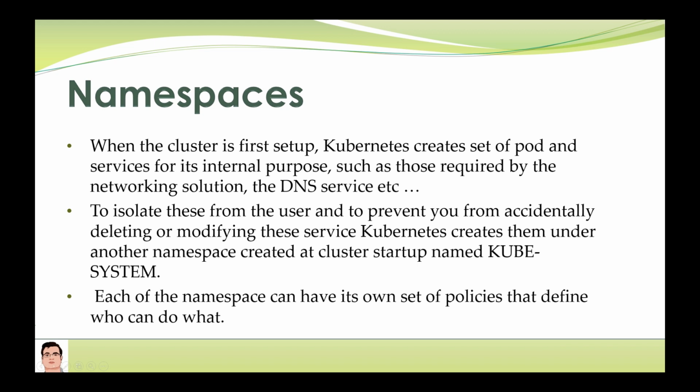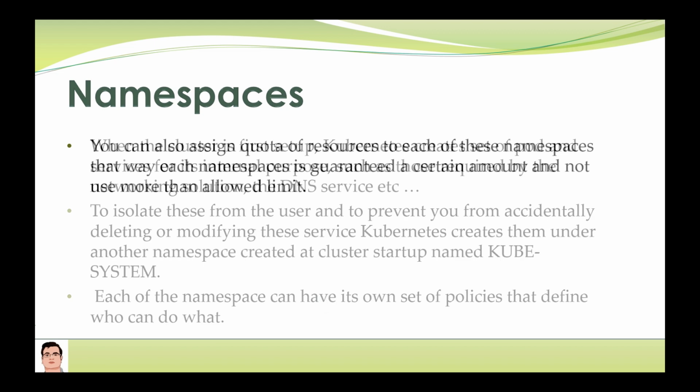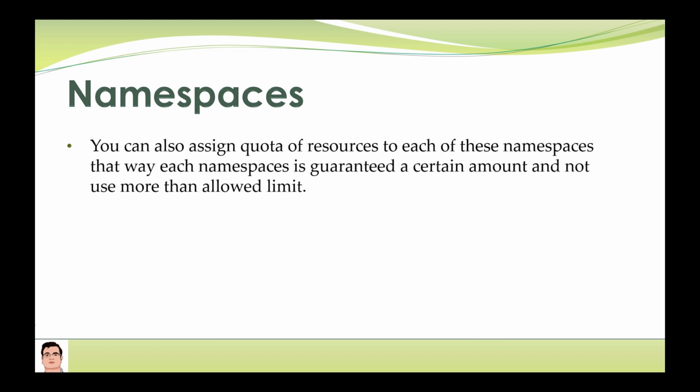Each of the namespaces has its own set of policies that define who can do what. So you can define your policies as per the namespaces, so that you can provide proper security for your objects. You can also assign a quota of resources. Like, you have the cluster, but you don't want to allocate a large amount of resources for the development environment.